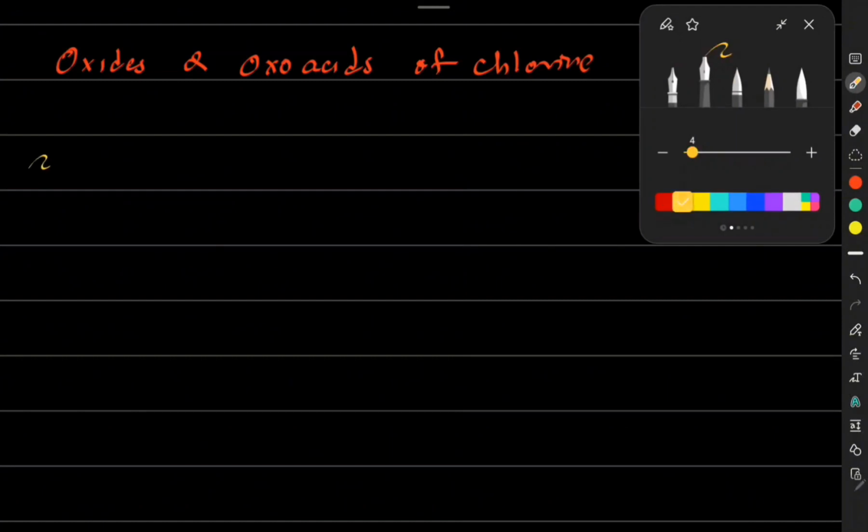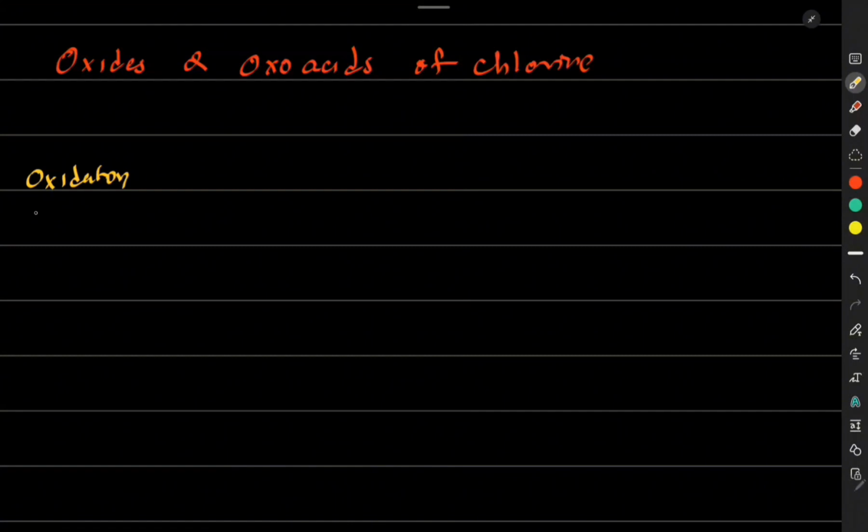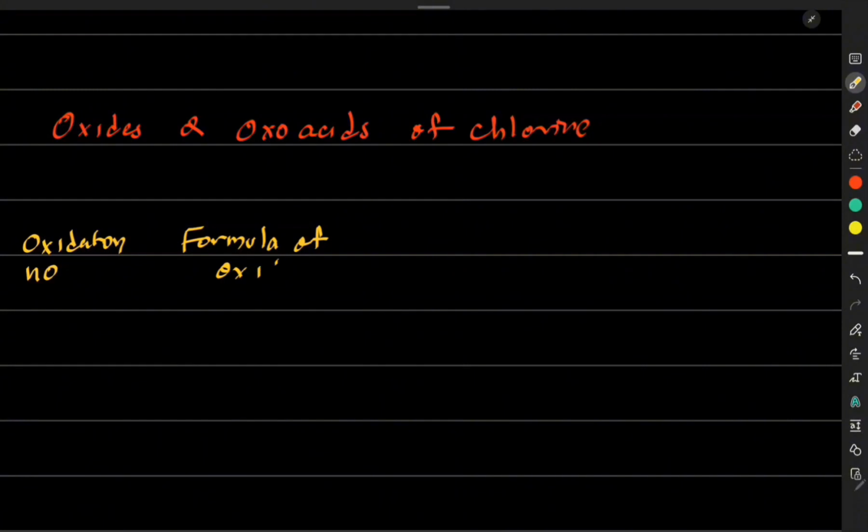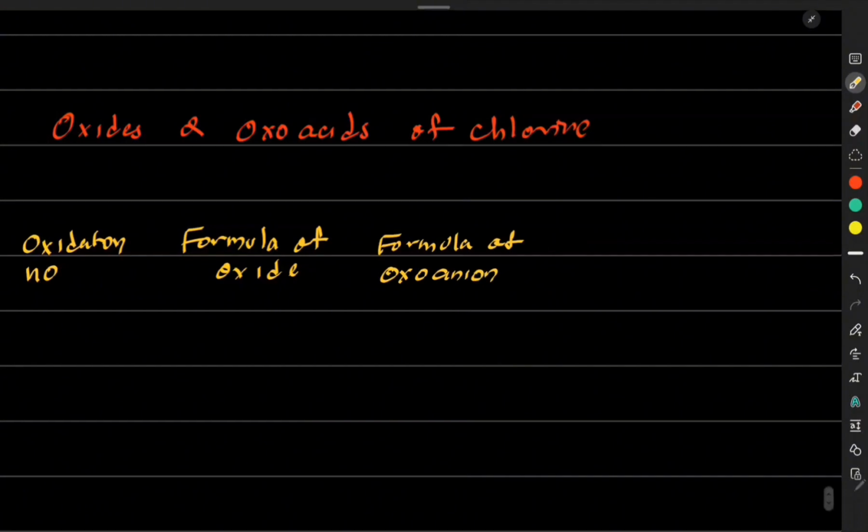Here we'll mark the oxidation state, oxidation number, formula of oxide, formula of oxo anion, structure of oxo anion, and structure of oxo acids.